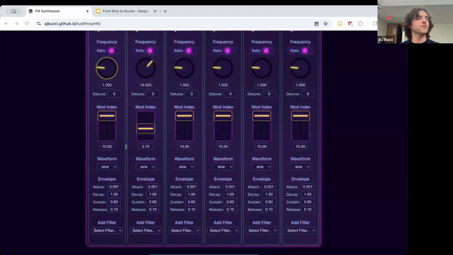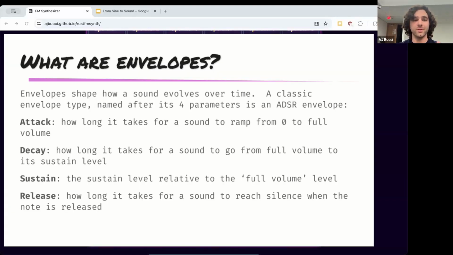Well, we use something called an envelope. And what are envelopes? Well, envelopes are a way to make sound evolve over time. And a really classic envelope is called the ADSR envelope, and it stands for attack, decay, sustain, release. And so attack is how long it takes for a sound to ramp up from 0 to full volume.